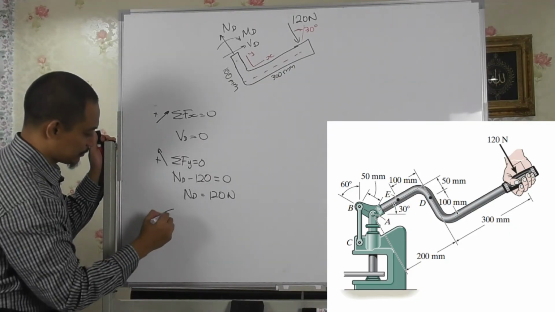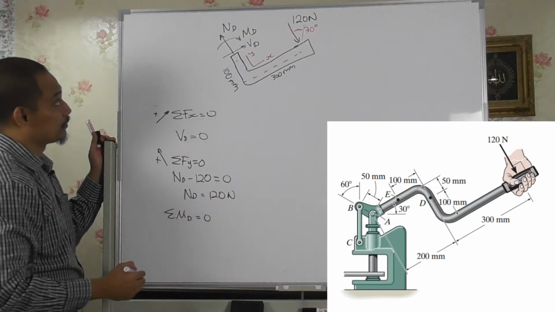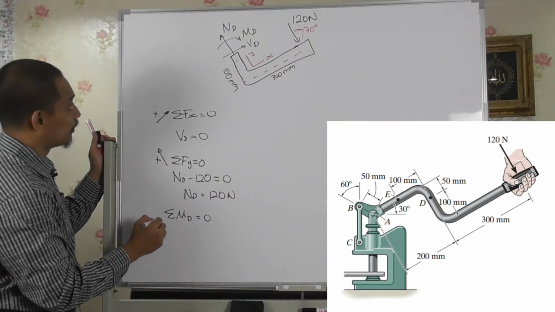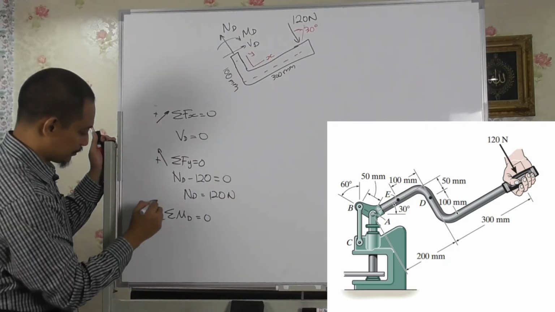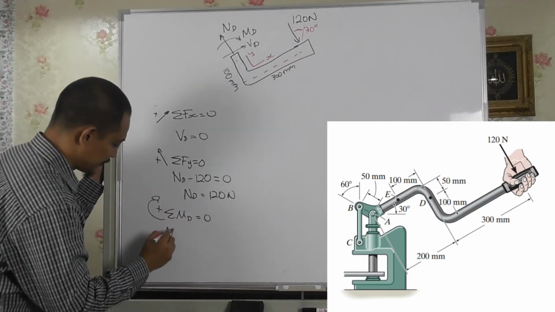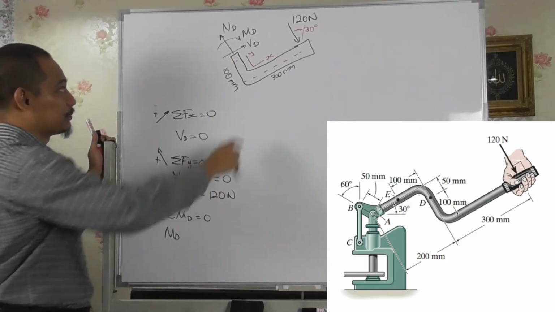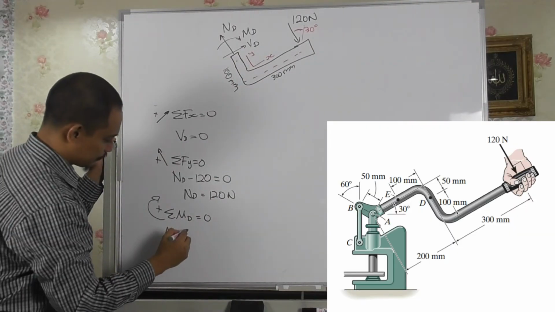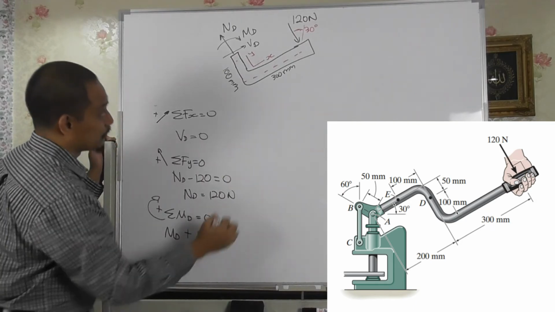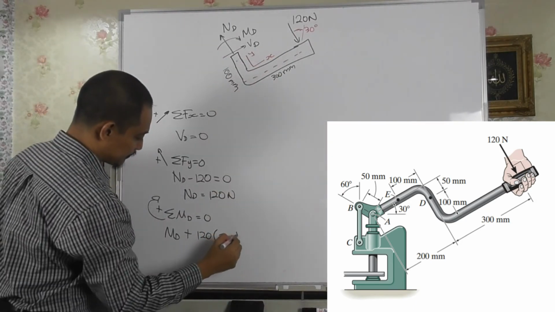And then summation of moment about point D equal to 0. Because it's clockwise, let's take clockwise as positive. So we have MD, this one MD clockwise, so this one is that point, no problem. So this one becomes clockwise as well, so plus 120. Of course this is perpendicular, so distance of 300 equal to 0.